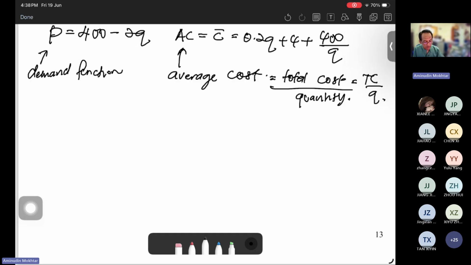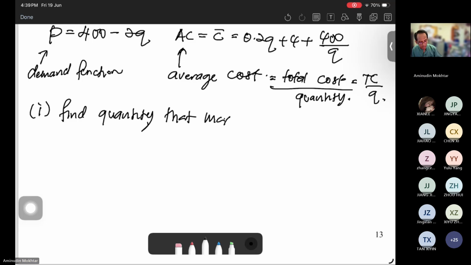So the first question is: find the quantity that maximizes profit. We need to find the quantity that maximizes profit. So how do we solve this, how do we find the Q that maximizes profit?